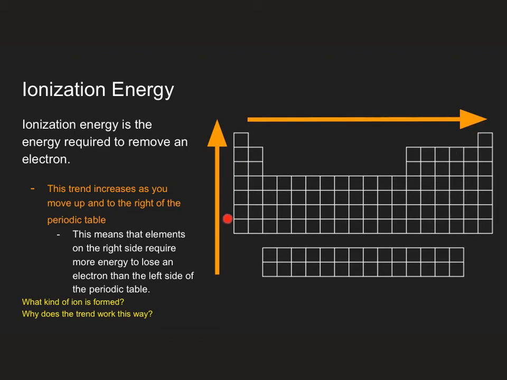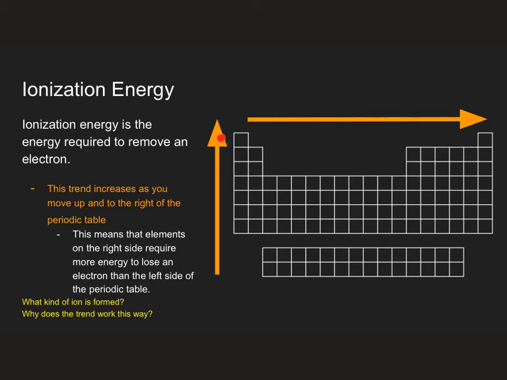If you get bigger atoms as you move down in energy levels or down in periods, then they're going to be further from the nucleus. An electric charge or a negative charge that's further from a positive charge is going to be easier to pull away than one that is very close to it. So going up requires a lot more energy to remove that electron.